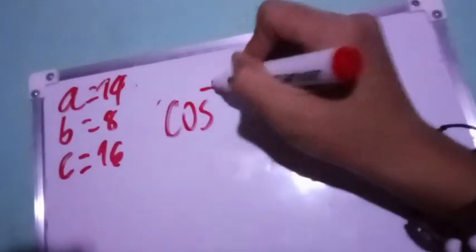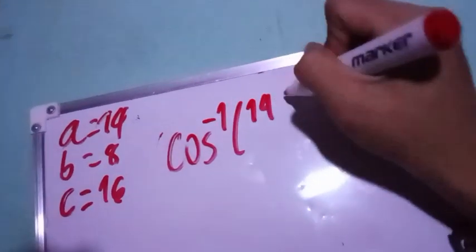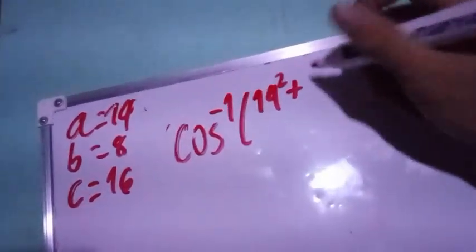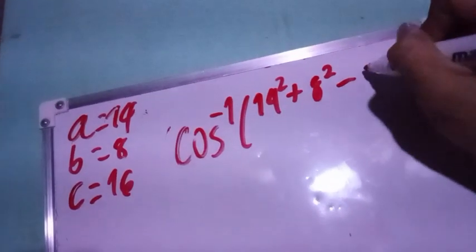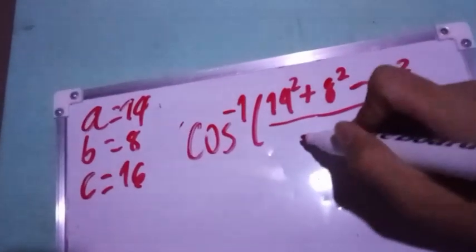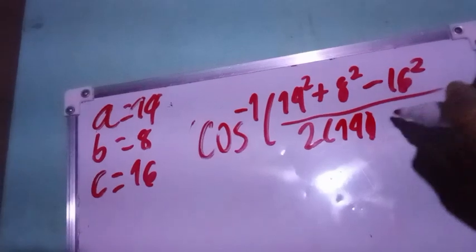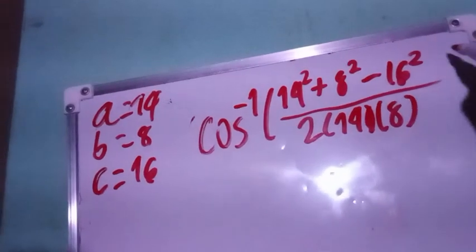Okay, since you saw the formula, let's replace the letters in the formula with numbers. Since it's cosine, it's cosine inverse of a squared, aka 14 squared, plus 8 squared minus 16 squared over 2 times 14 times 8.